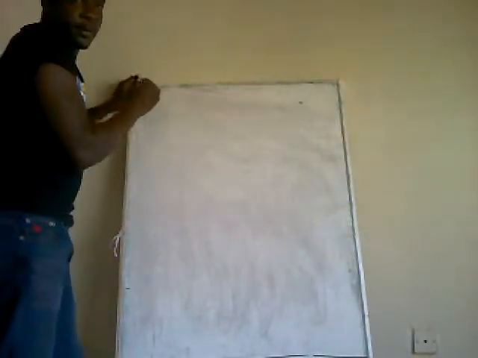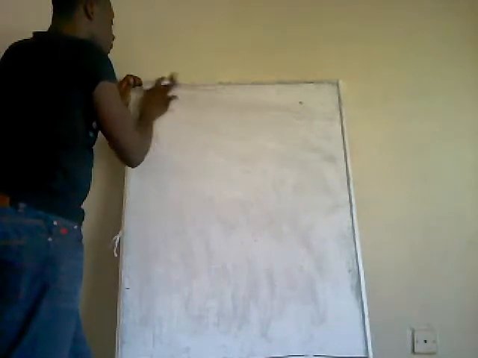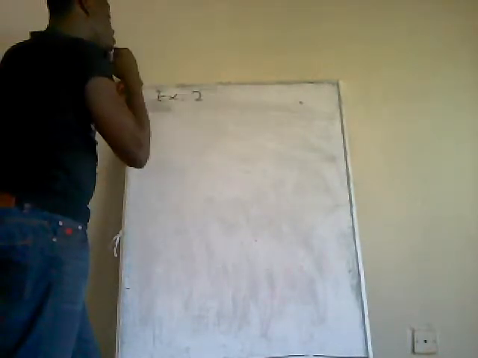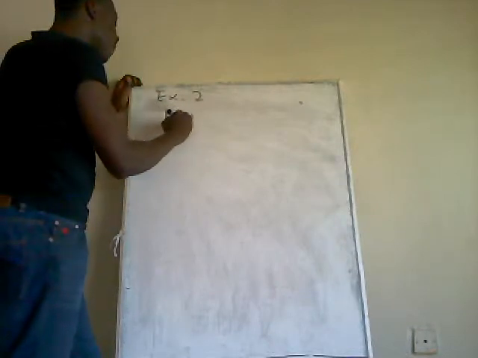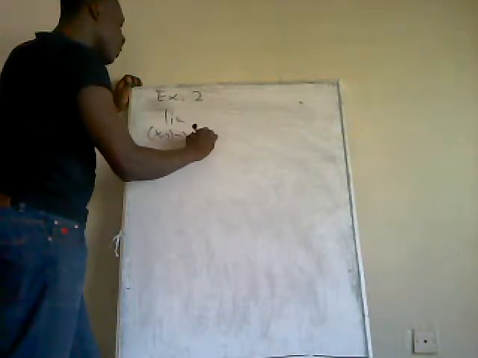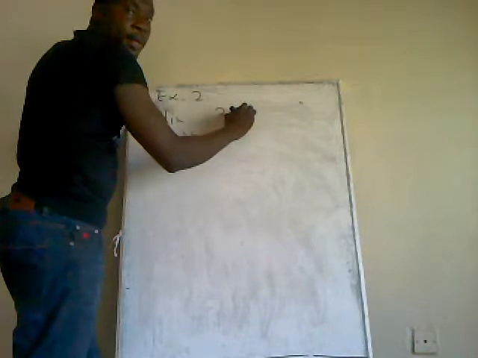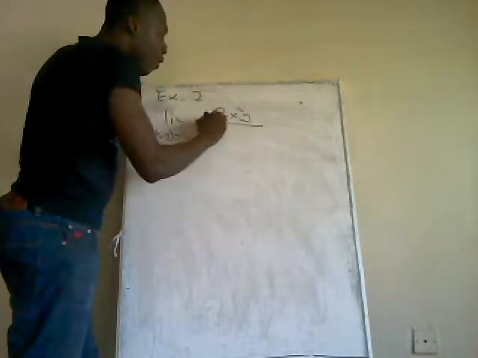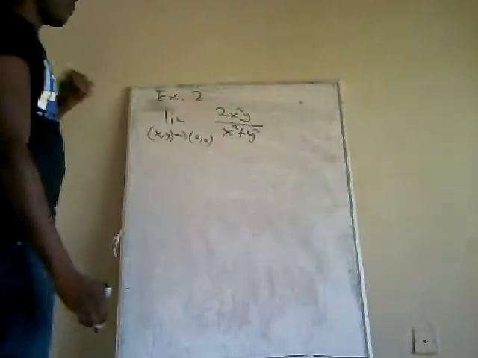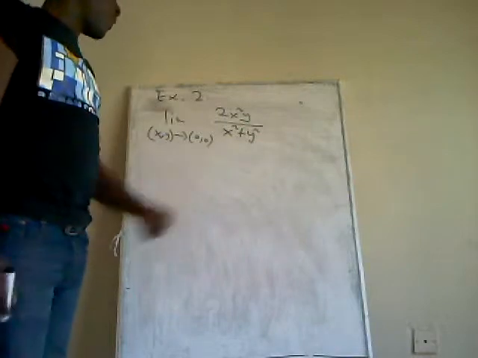Let's look at example 2, and here we are checking for the limit as x, y approaches 0, 0 of 2x squared y over x squared plus y squared. We check this limit.